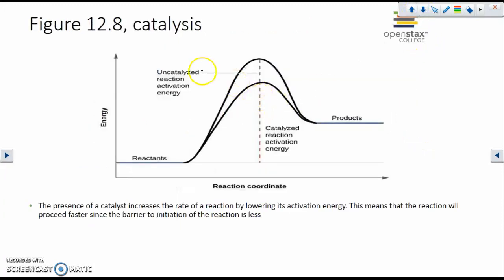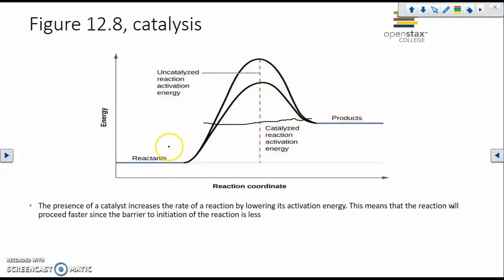Now, besides correct orientation, sufficient heat, and collision, we're going to talk about catalysis here. So again, we need an input of energy. The greater the input of energy that we need to make particles collide with sufficient energy and the correct orientation, the longer it takes for this reaction to occur.